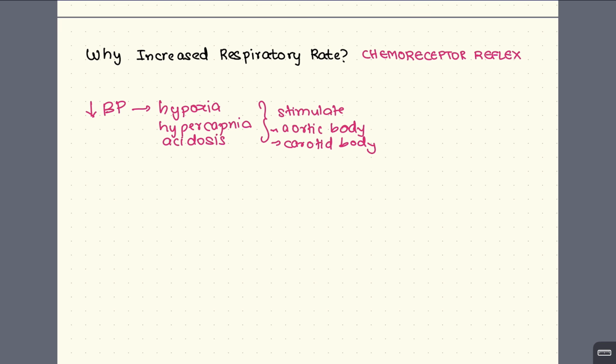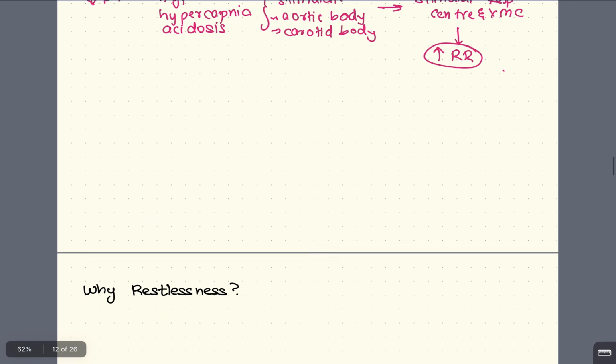Never get it confused. Okay, and because of the stimulation of the chemoreceptors, what happens? This stimulates the respiratory center and vasomotor center, and this causes increased respiratory rate. Okay, hope this is clear.